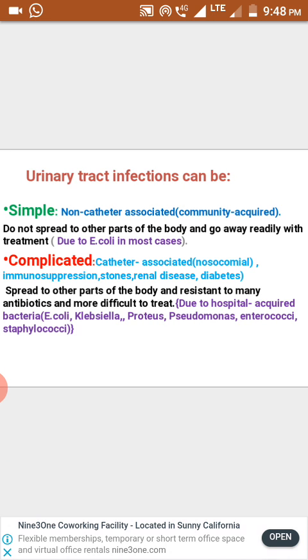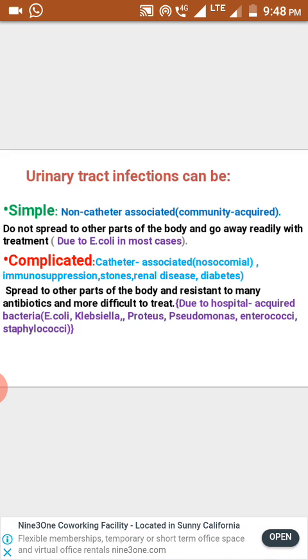Generally, the symptoms you can write are fever, chills and body pain. There is a burning sensation while passing urine, a feeling of urgency to urinate, and difficulty in micturition.